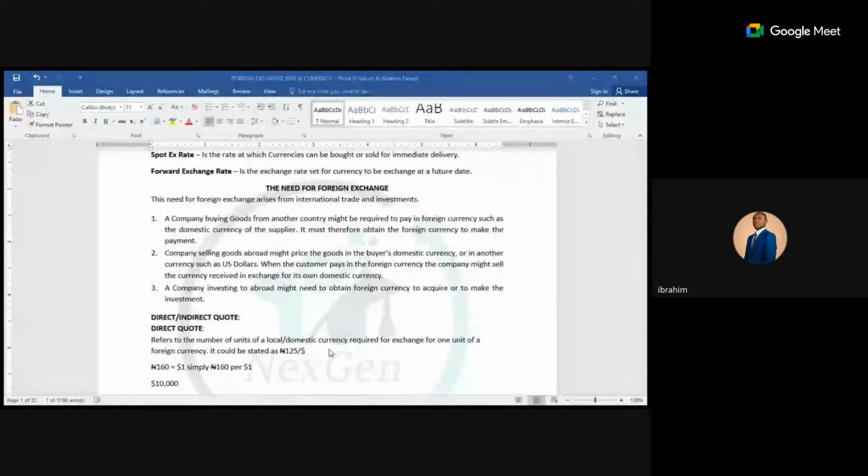The euro that comes first makes it a direct quote. The same thing is applicable if you are talking about a company in the US. You have $1 to 1 euro. You can see that dollar comes first, and that company is situated in the US. It is a direct quote. Then in your conversion, you multiply it with anything that they give to you, right? We will see how we will use it to multiply our terms, right?